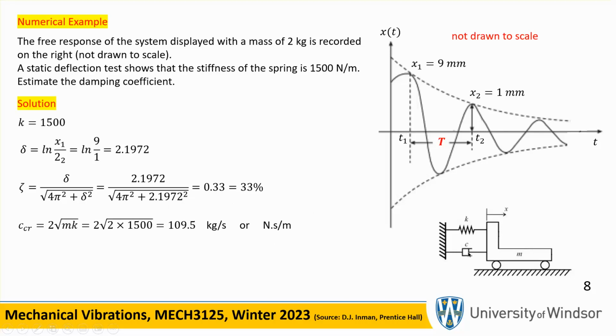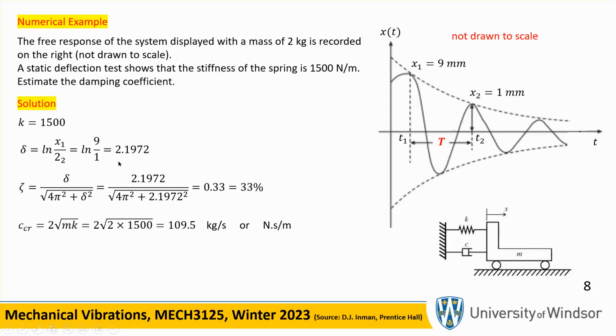Now, if you want to know the value of the damping itself, the c value, you know the damping ratio, and the damping ratio is just c over c critical. If you calculate your c critical, you can get your c. Let's see how c critical can be calculated. One way is 2 square root of mk. You put in your mass, get your k, and work it out. The other way is this expression, which is equivalent to 2 m omega n.